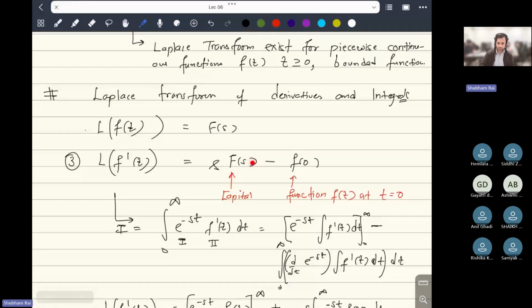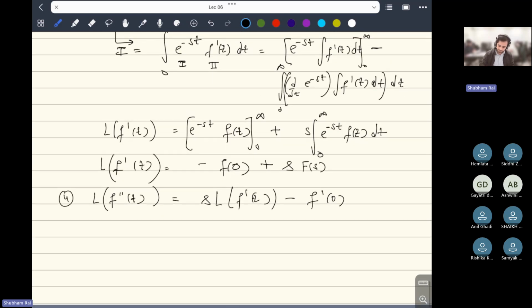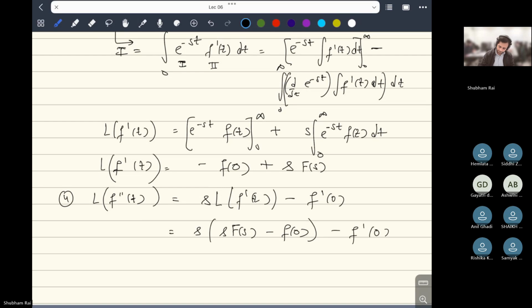Because it was Laplace transform of f of t. Here if we had f prime t, now we have f double prime t. So this will be the Laplace transform of f prime t, and the Laplace transform of f prime t is s F of s minus f of 0. Just substitute here. s square capital F of s minus s f of 0 minus f prime 0.